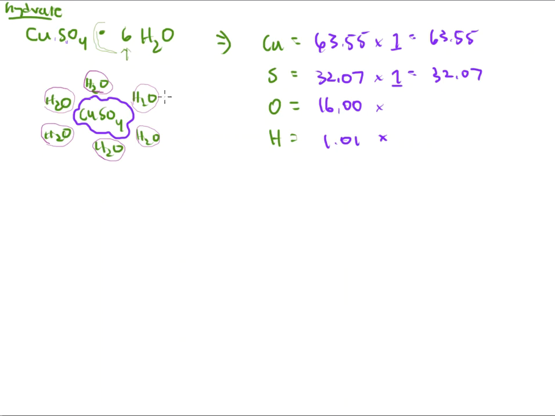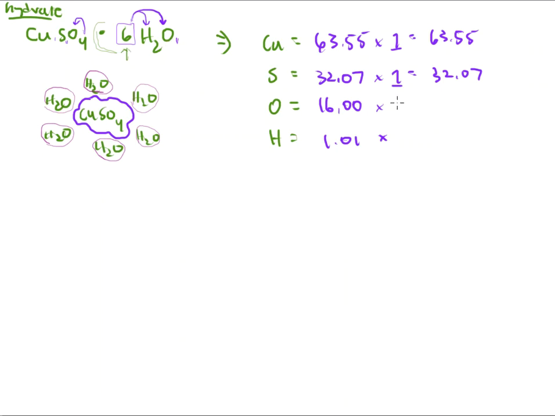Now take a look at the oxygens. There's 4 from here. And there's another oxygen in the water molecule, but this big fat 6 that's out in front, that 6 goes to everything that follows it in that formula. There's 6 of these water molecules in total, right? So there's 4 from the copper sulfate piece, and then there's going to be another 6 times 1, which is 6 from the oxygen.